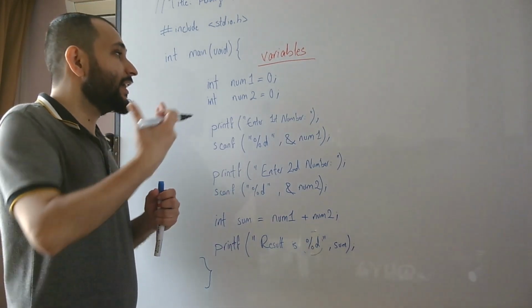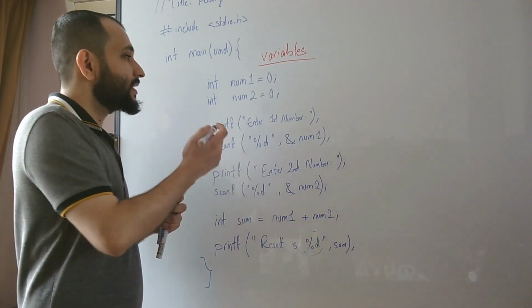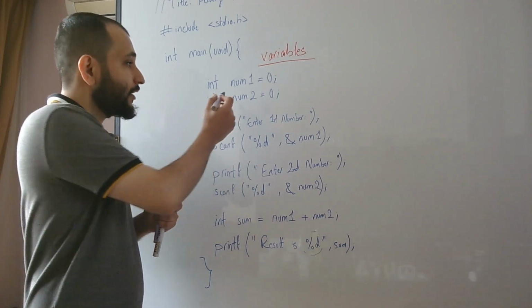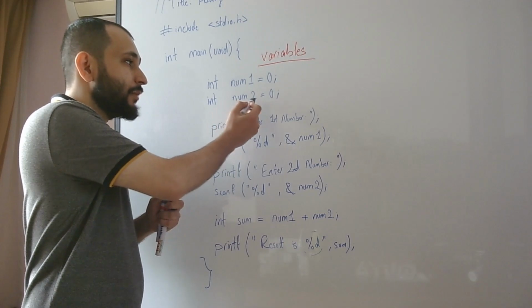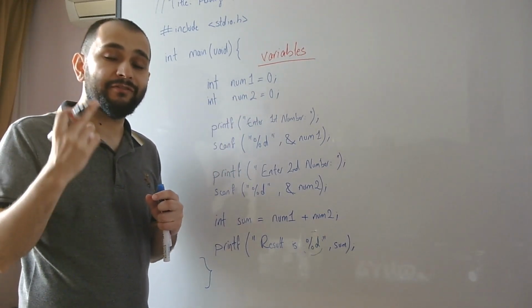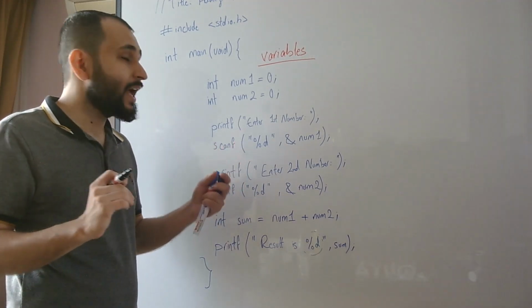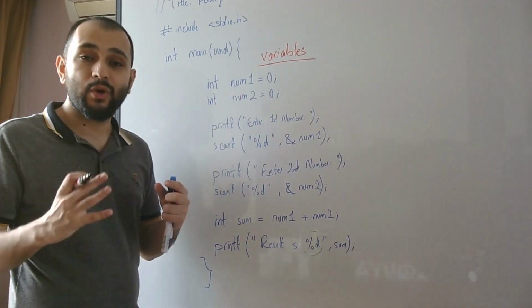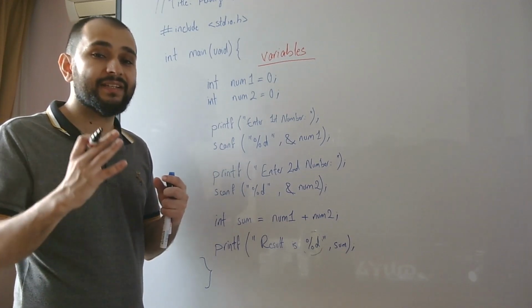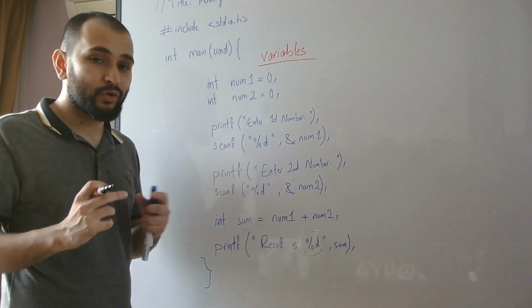And that is basically the idea of creating variables. Now here you can see that I have created two variables, num1 and num2. Num1 stores the value of the first number that we are going to provide to this program, and num2 stores the value of the second number.